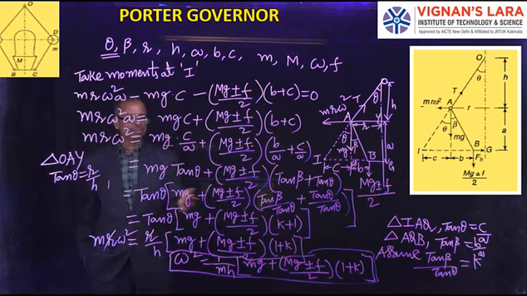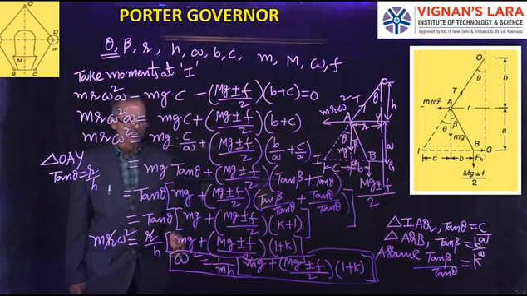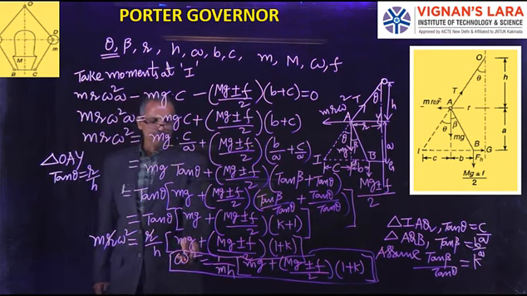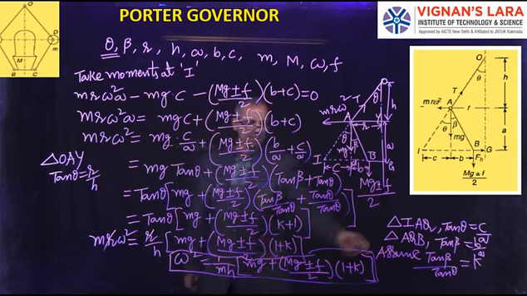With this you can find out the corresponding speed. You can replace ω by 2πN/60. Then (2πN/60) whole square, we can write this equation.